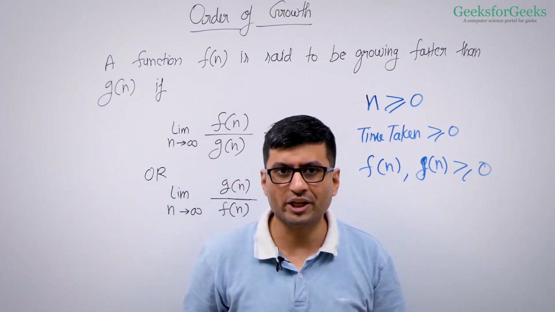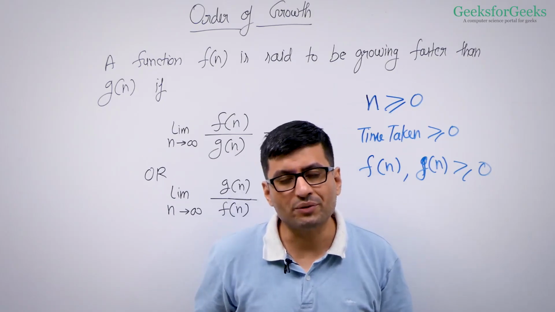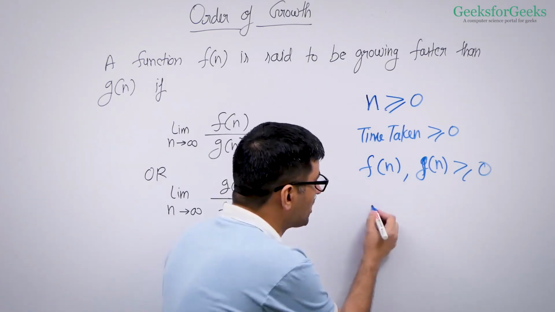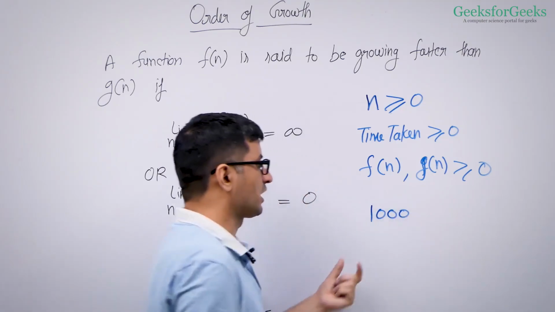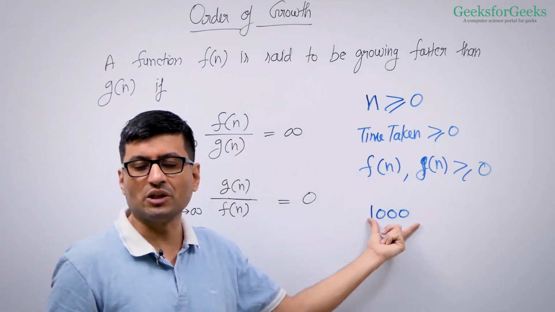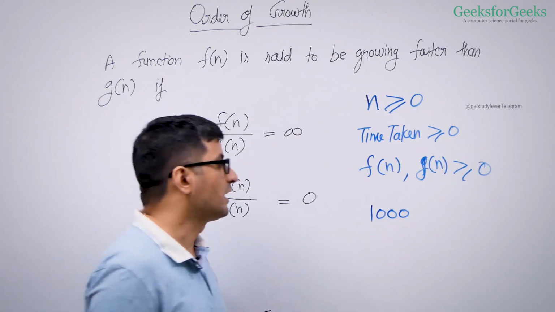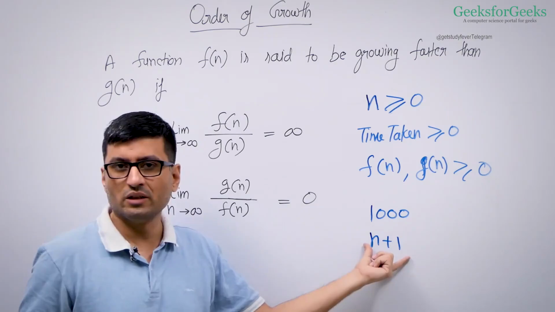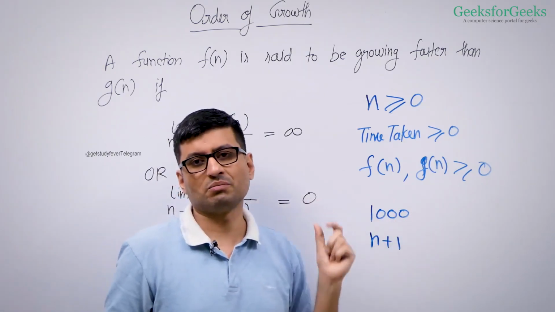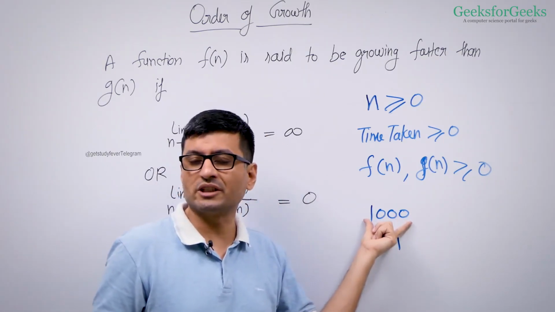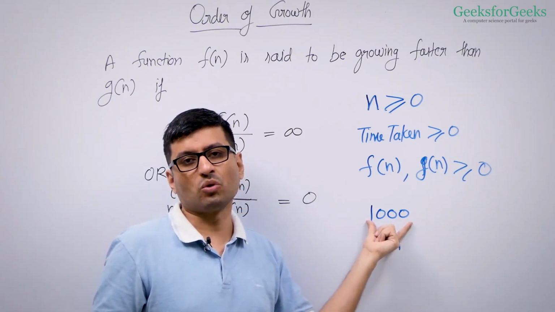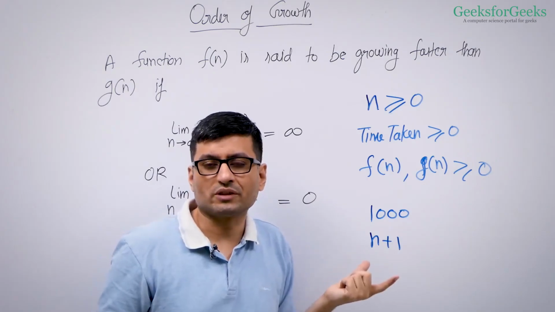However, this has some limitations. If you remember the previous example, we were comparing 1000 with n plus 1. Say an algorithm takes 1000 units of time, and there is another algorithm that takes n plus 1 units of time. This 1000 may be higher because it is implemented in a programming language that takes more time, or it is running on a slower machine.